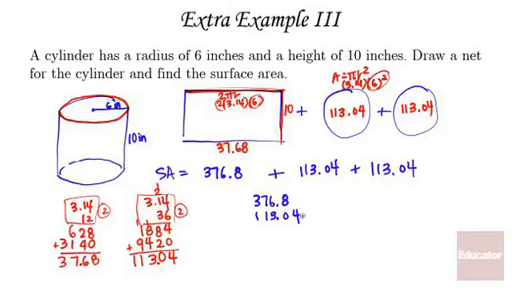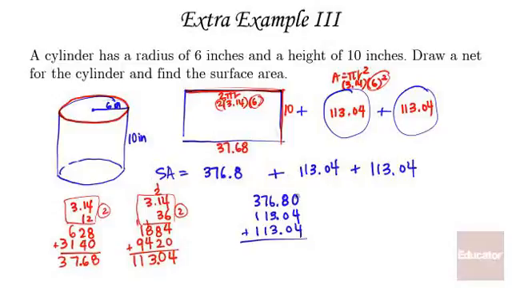That's 0, 4. And again, 113.04. Now I'm missing a number right here. I can just place a 0. Whenever you have a number behind the decimal point, and at the end of a number, you can add as many zeros as you need.